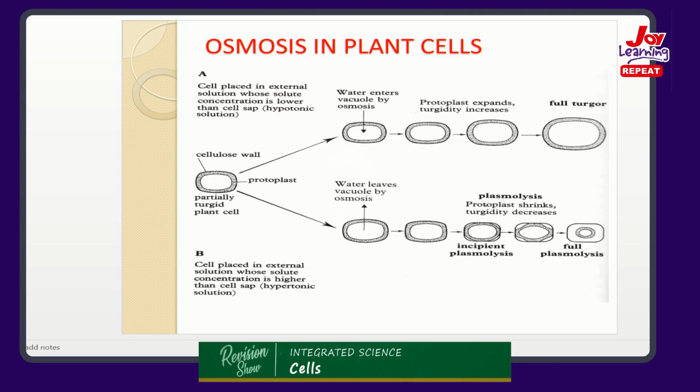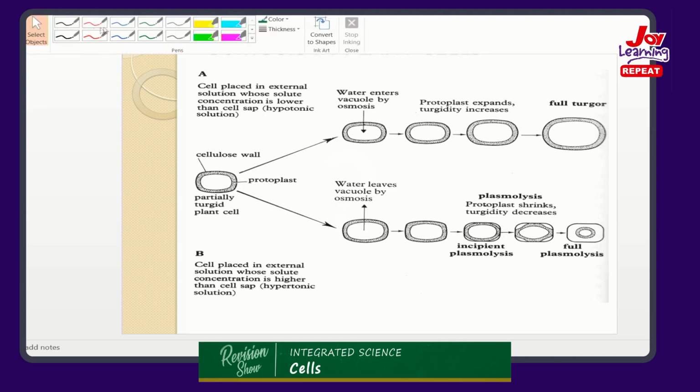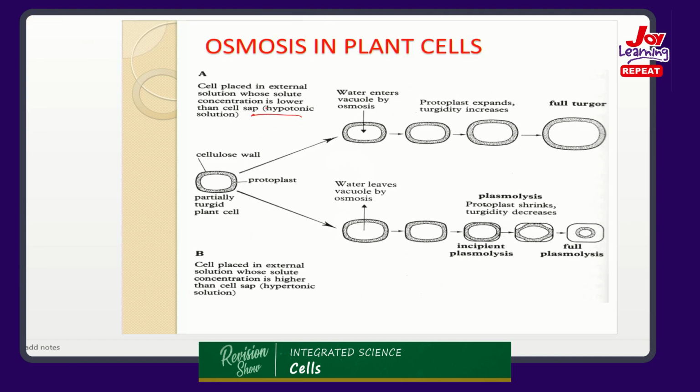Then in plants, two situations will occur. If you put the cell in a solution that is less concentrated, that is hypotonic, more water will enter the cell, and it will swell and become turgid.